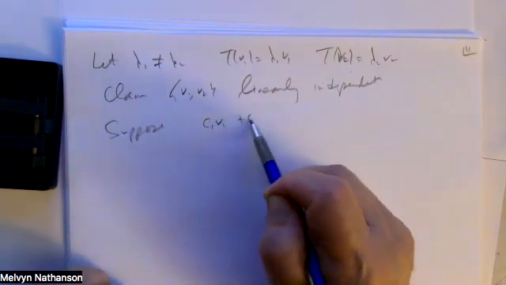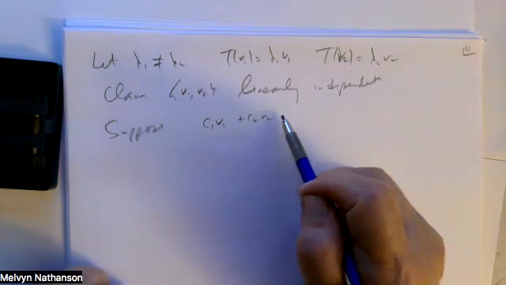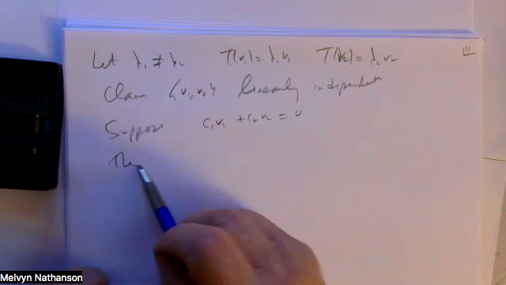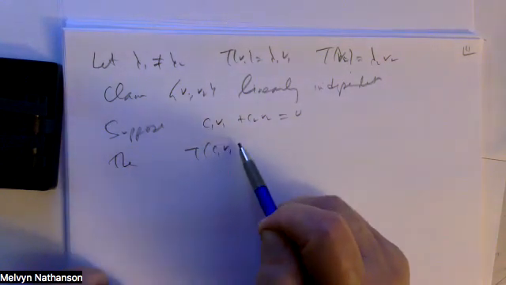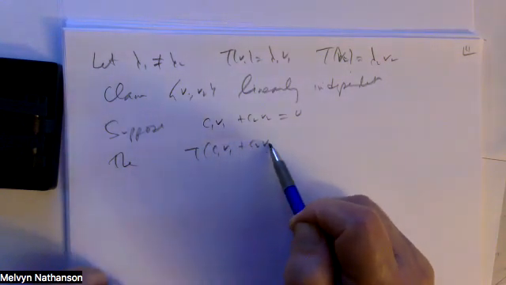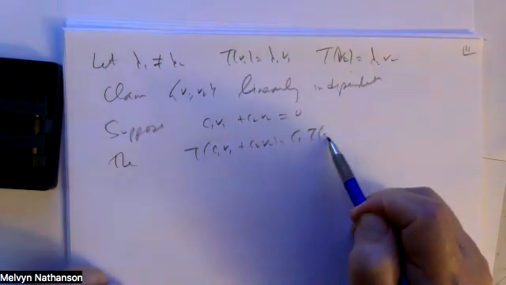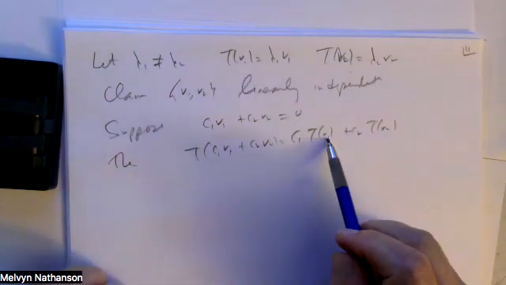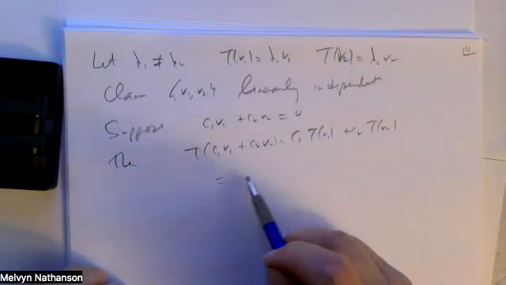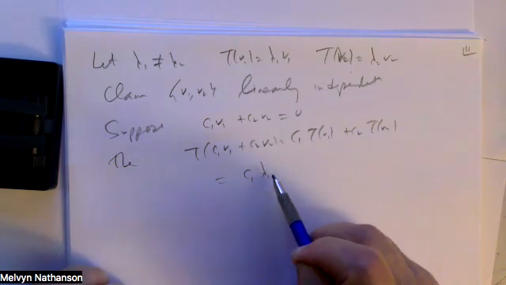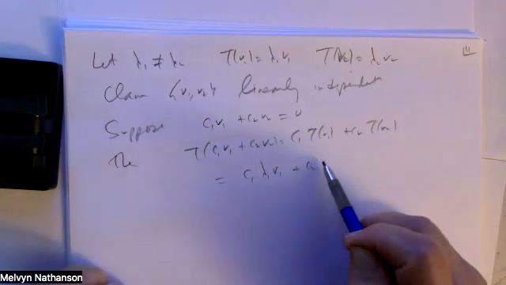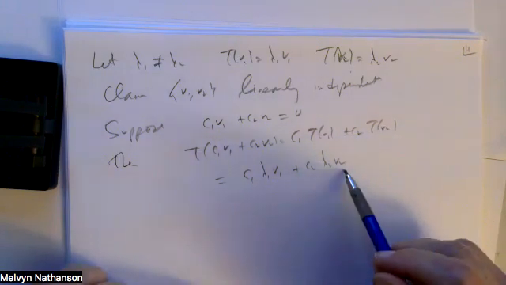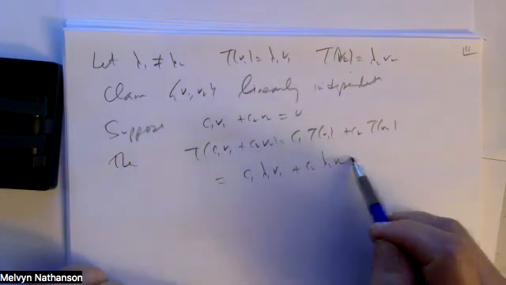Suppose C1 V1 plus C2 V2 is 0. Then T of C1 V1 plus C2 V2, that's C1 T of V1 plus C2 T of V2. But these are the eigenvectors. So this is C1 lambda 1 V1 plus C2 lambda 2 V2. T of the zero vector is the zero vector, so this equals 0.